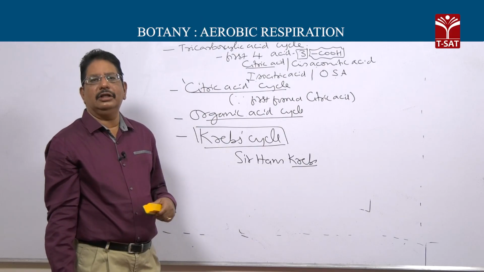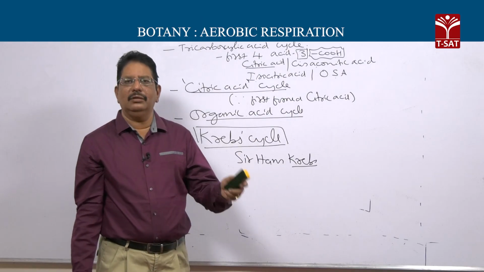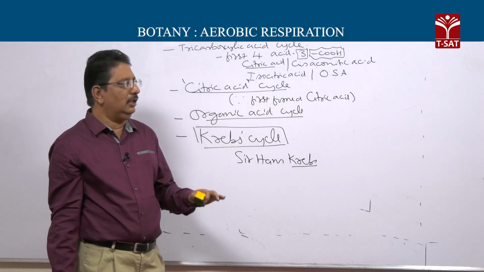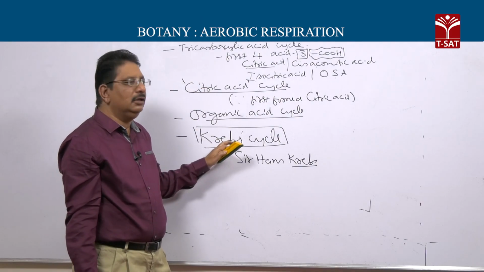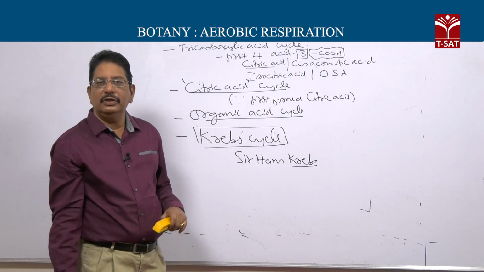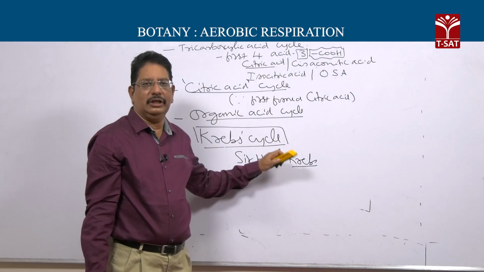To honor the discoverers, glycolysis is named the EMP pathway. Similarly, to honor the discoverer of the TCA cycle in living cells during aerobic respiration, it is named the Krebs cycle.